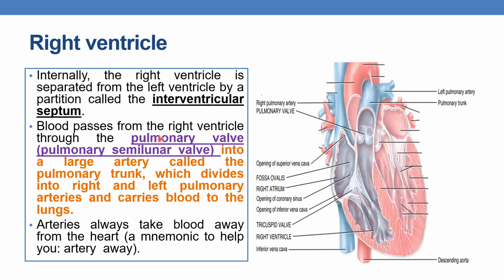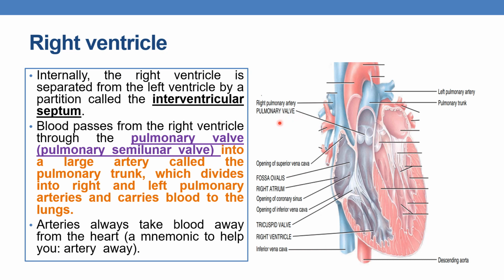The blood passes from the right ventricle through the pulmonary valve. There is one more valve, the pulmonary valve. This is the pulmonary valve, and this is a semilunar valve.